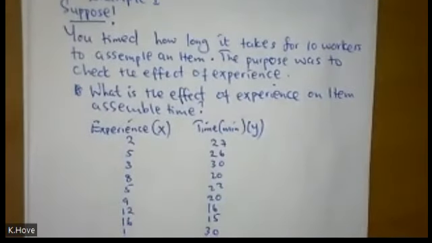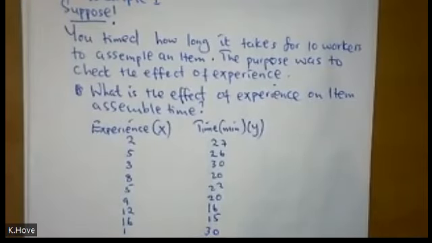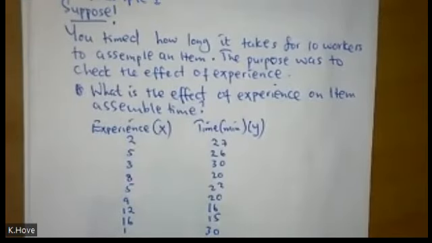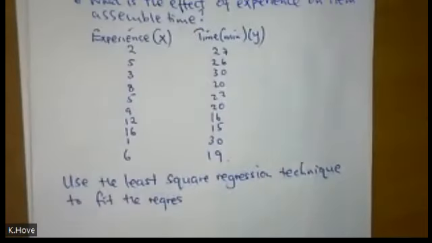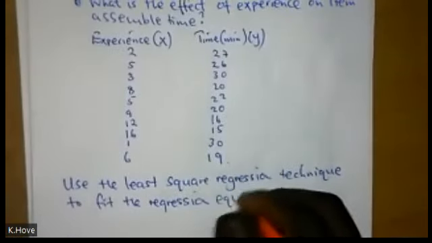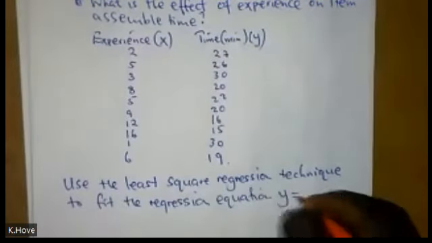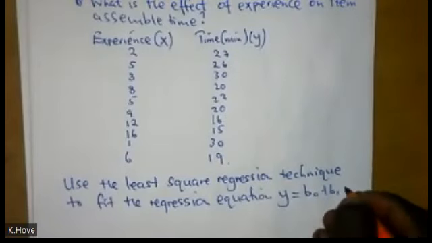Now the question is, use the least squares regression technique to fit the regression equation Y equal to beta naught plus beta 1x.